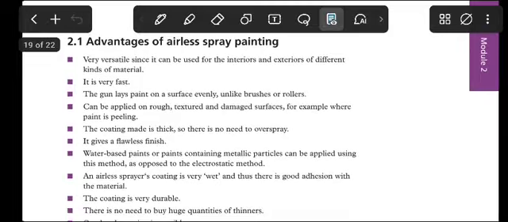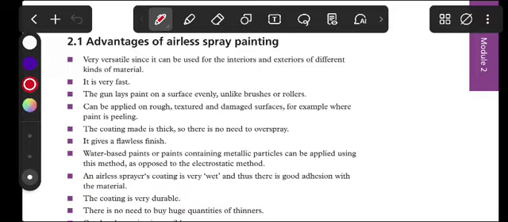Then let's check now the advantages of airless spraying paint. Remember, first we discussed air spraying. Now this is airless. This is very fast. That is an advantage.